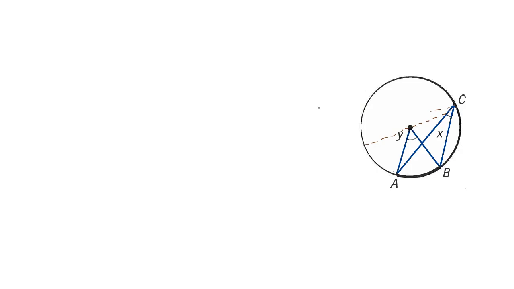a diameter. So as you can see now, we have here this part. We can call that x sub 1 and this part x sub 2, such that x is equal to x sub 2 minus x sub 1.